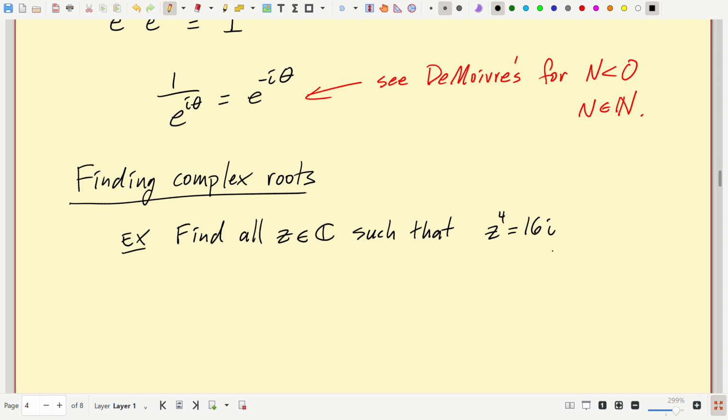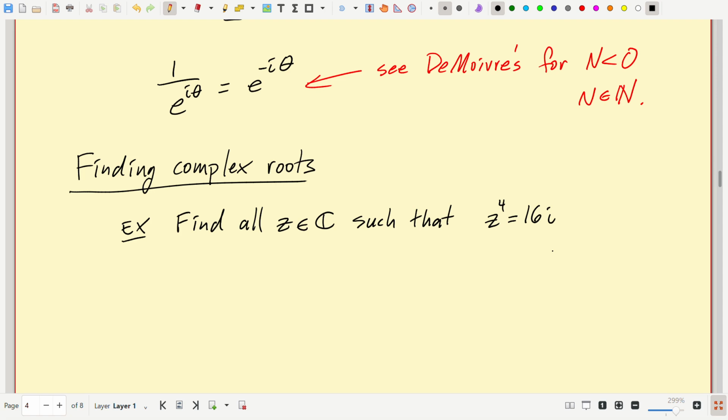Okay, so this is where the polar form of a complex number is extremely useful. Let's write z as r e to the i theta. And that theta doesn't necessarily have to be the principal argument. So that's my z in polar form.